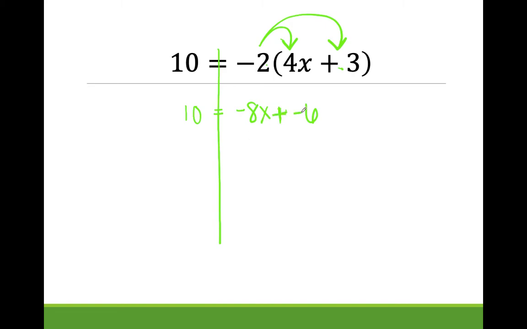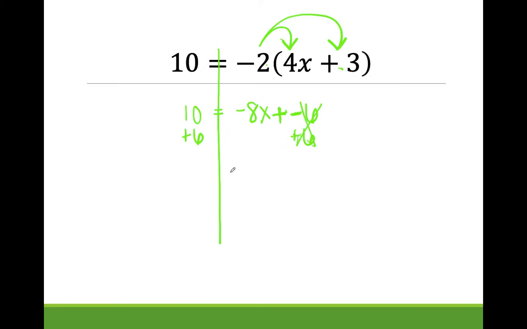So now we're just going to solve like we would solve a regular two-step equation. We want to get rid of the negative 6. So we're going to do plus 6 because negative 6 plus 6 is 0. Remember, when we add and subtract, we want them to cancel to equal 0. When we multiply and divide, we want them to cancel to equal 1.